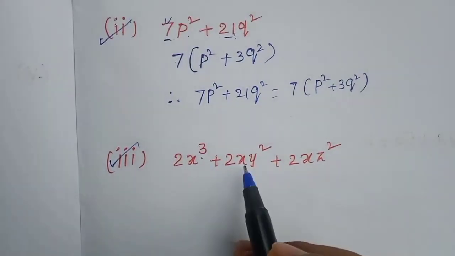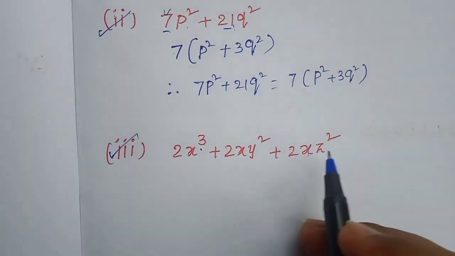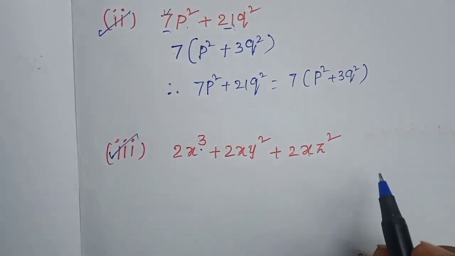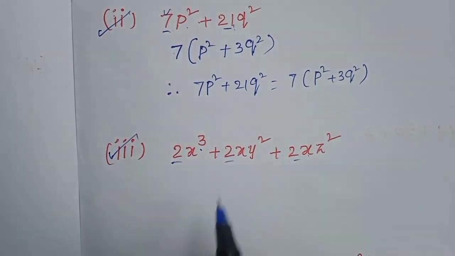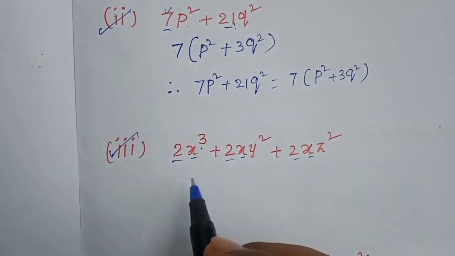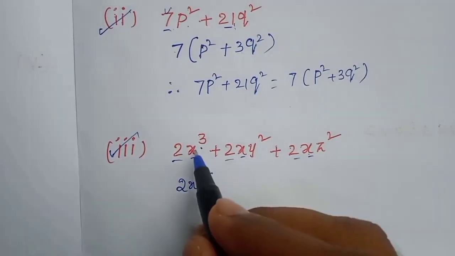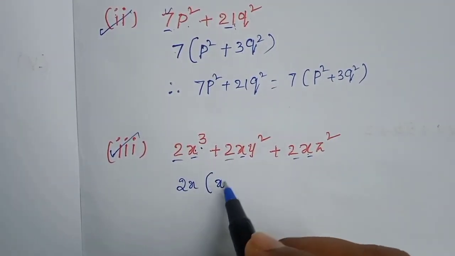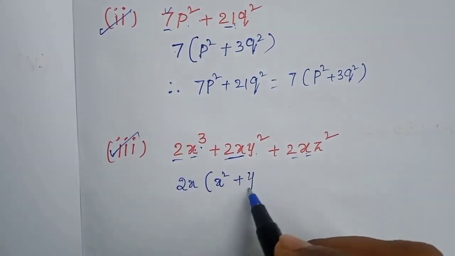Now see the question number 3 here. See 2x cube plus 2xy square plus 2xz square. In all terms you can take 2 as common. At the same time you can take x as common. So take out 2x as common. Then you get here x square. And here out of 2x you have y square.